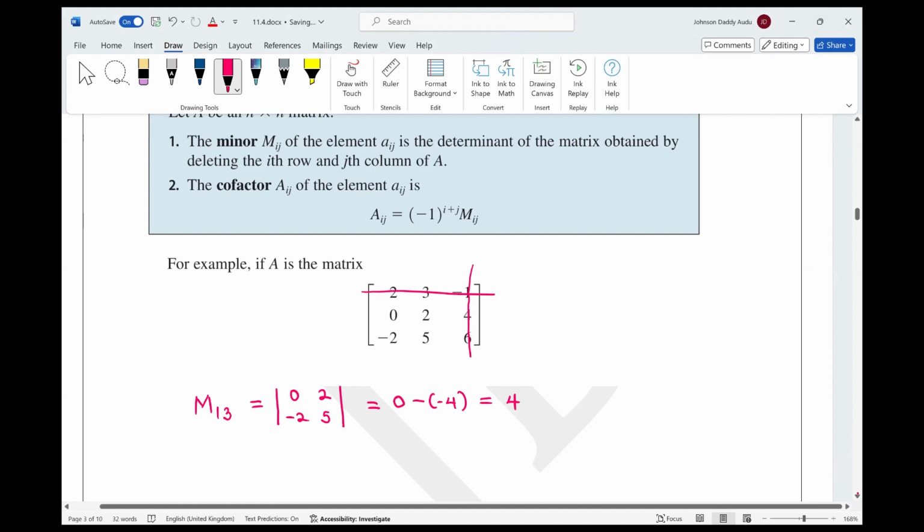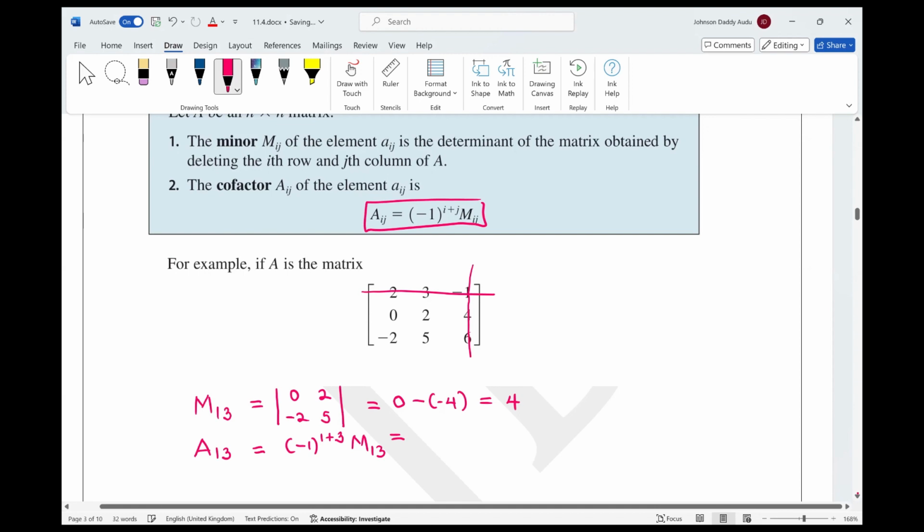Now, if you want to find a cofactor, which is A13, by the formula, it is minus 1, then i is 1, j is 3, then you have M13. So we're applying this formula. Each entry has a minor. Each entry has a what? A cofactor.